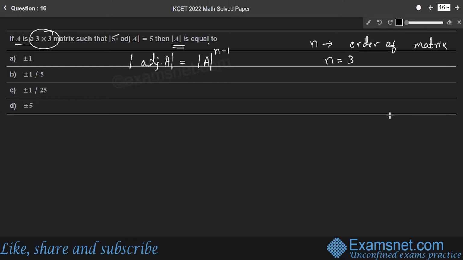Therefore, we'll consider the determinant of 5 into adjoint A. So we'll take out 5. Since the order is 3, we'll consider 5 raised to n.